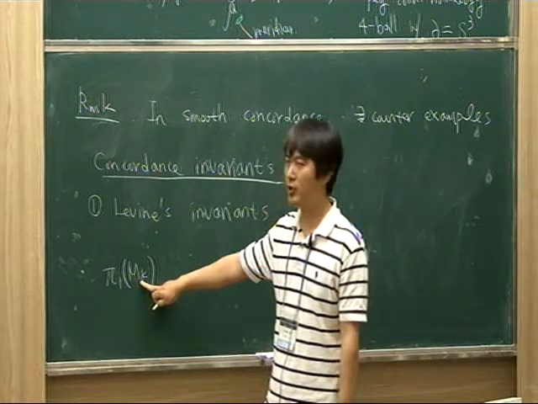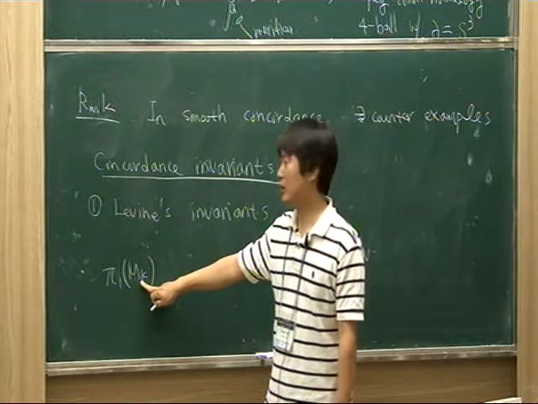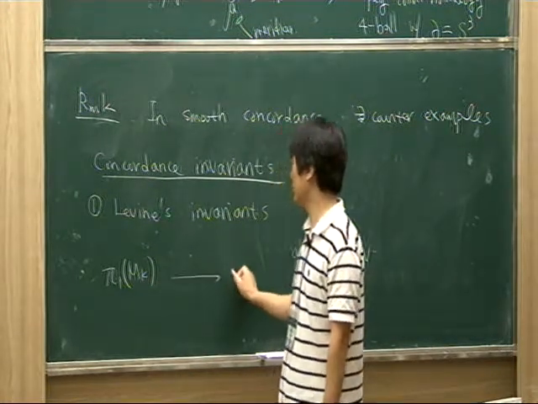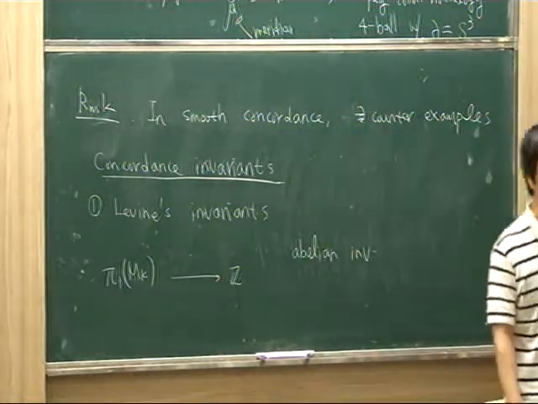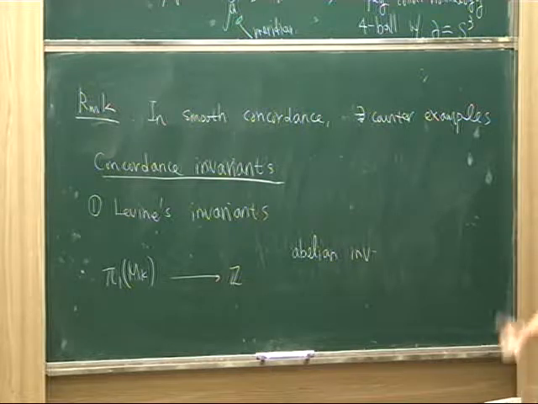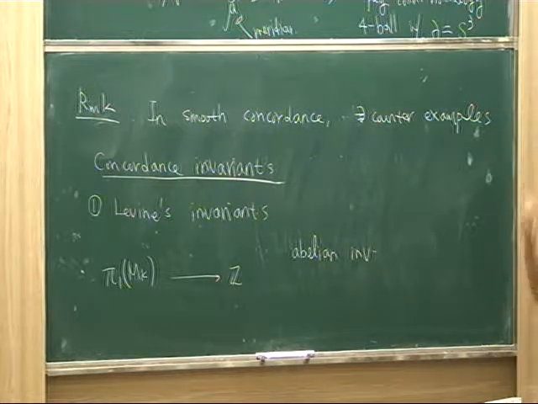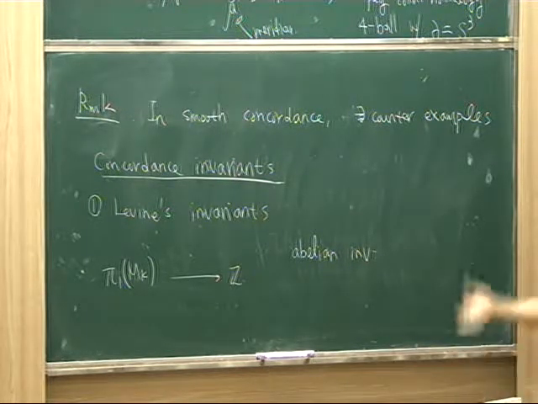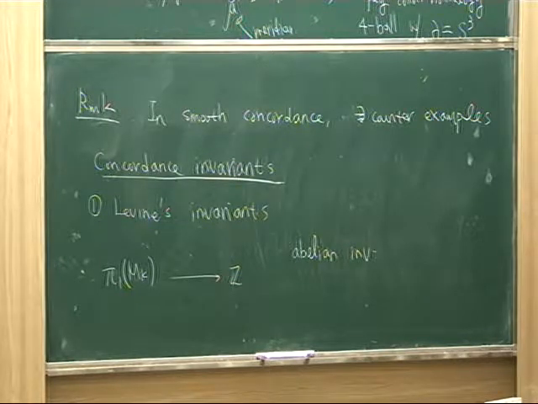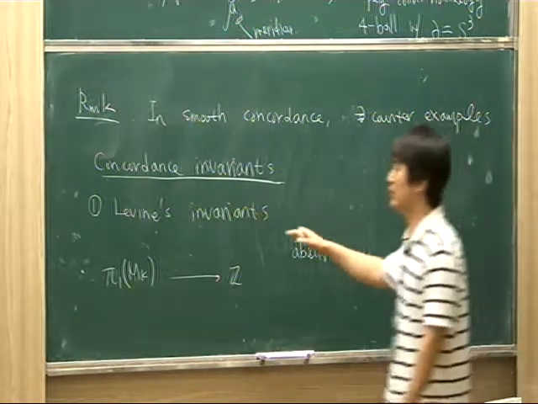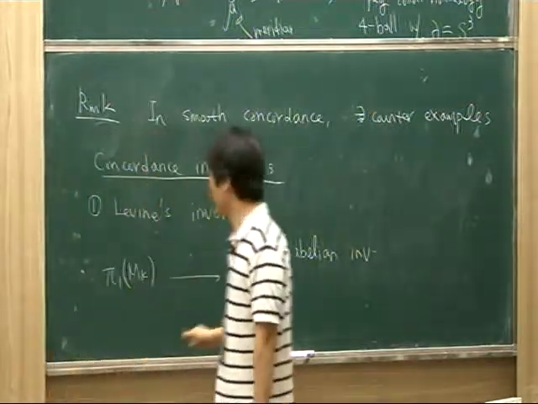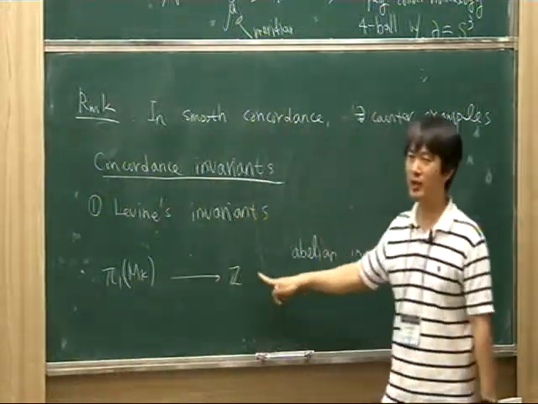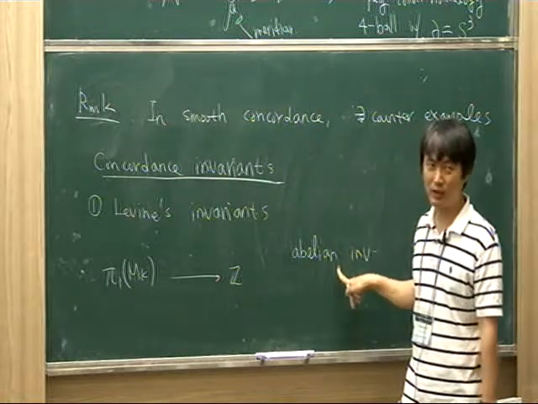Because this is a homology S^1 times S^2, its abelianization is just Z. So we have a natural homomorphism to Z. And when you have a representation, you can think of the corresponding covering spaces. So in this case, infinite cyclic covering spaces, and using those covers, Levine found those results. And because this target group is an abelian group, I'm saying that this is an abelian invariant.